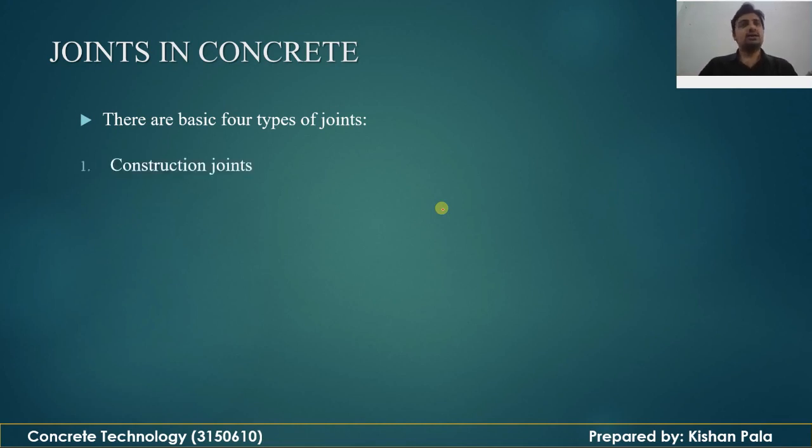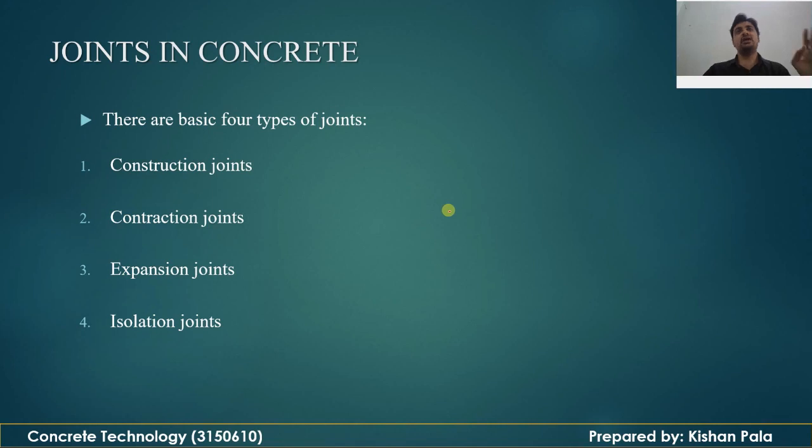First is construction joints, second is contraction joints, third is expansion joints, and fourth is isolation joints. These are the four types of joints we provide in the concrete element according to the requirement. So let us start with construction joints.